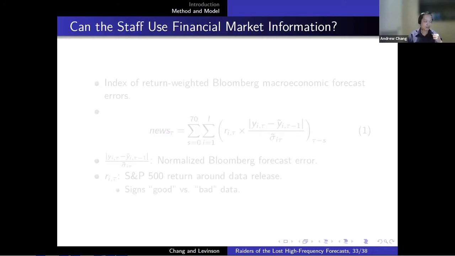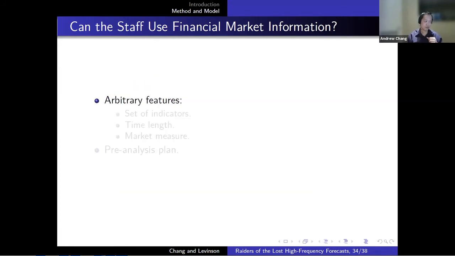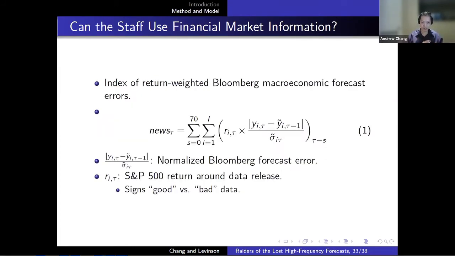Okay, I'm almost out of time, but I just wanted to go very briefly over some speculation. One thing we wanted to ask is whether there's additional information that the staff could use to improve its projections. So we created just one measure of outside information from financial markets.